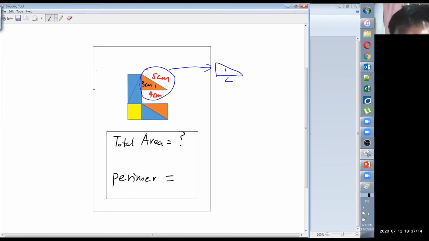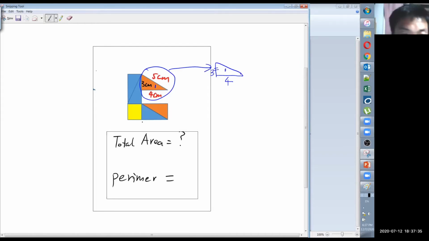Very good. Then what's the height? The height is 3. Yes. Okay.